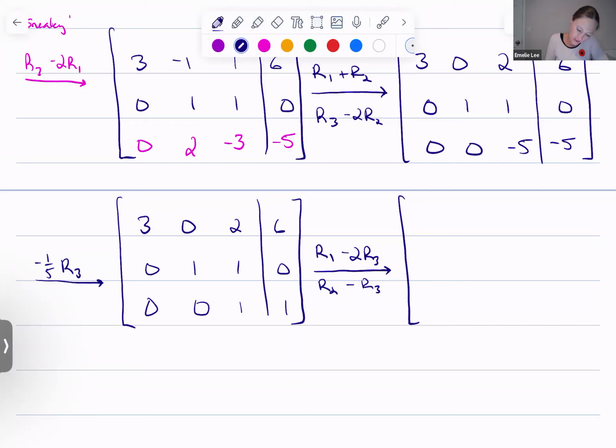And so row 1 minus 2 times row 3. So 3 minus 2 times 0 still is 3. 0 minus 0 is 0. 2 minus 2 is 0. That was the goal. 6 minus 2 is 4.